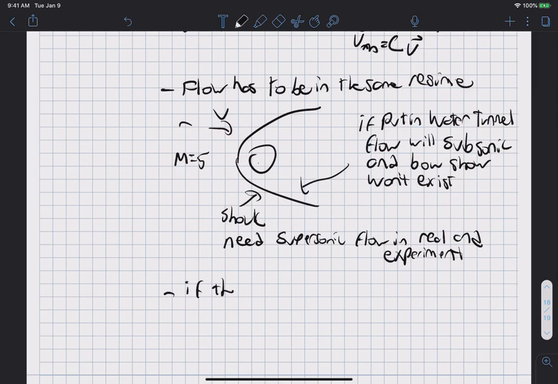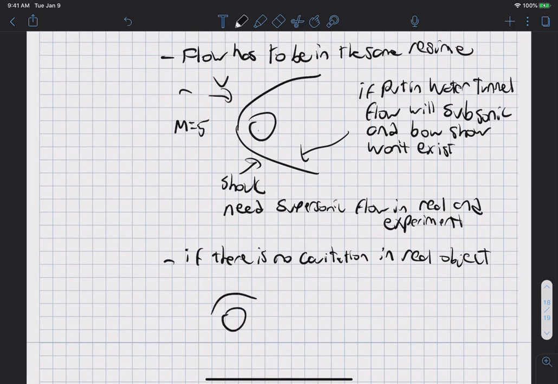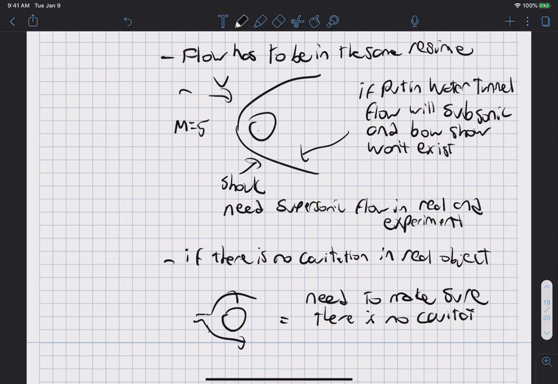If there is no cavitation in the real object, say you're measuring drag on a sphere in air, and you stick it in a water tunnel, you need to make darn sure that there is no cavitation in the water tunnel.